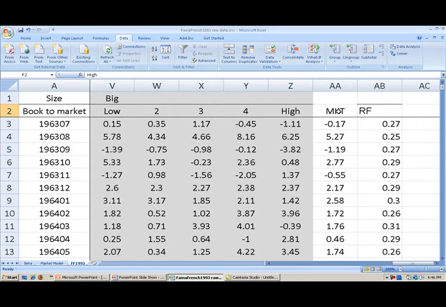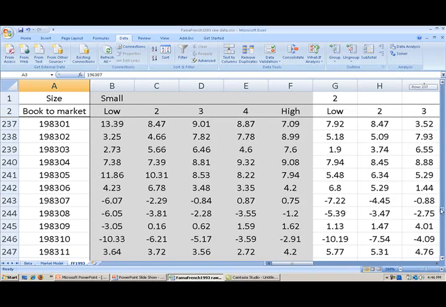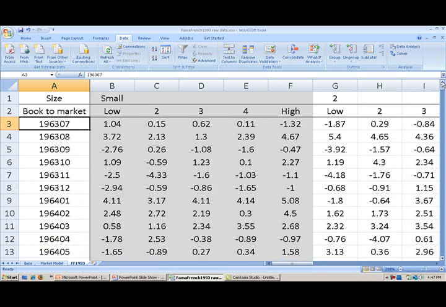We also have information about the market returns and the risk-free rate. And the data runs from 1963 through to 1990. We're going to use the exact same sample period that Fama and French used in their original study.